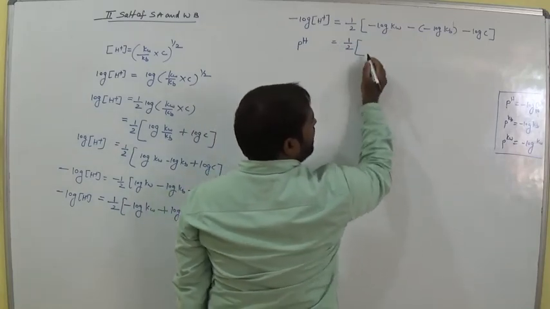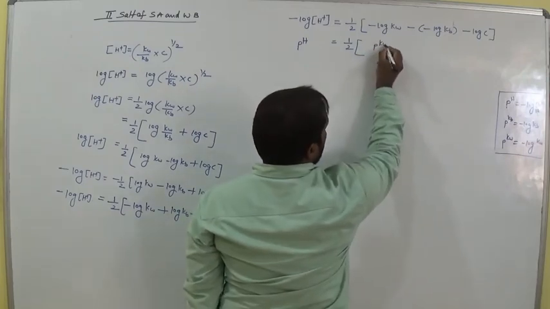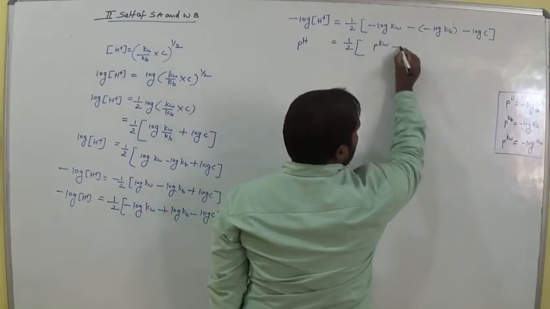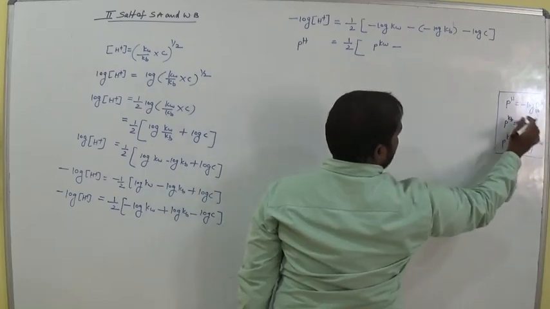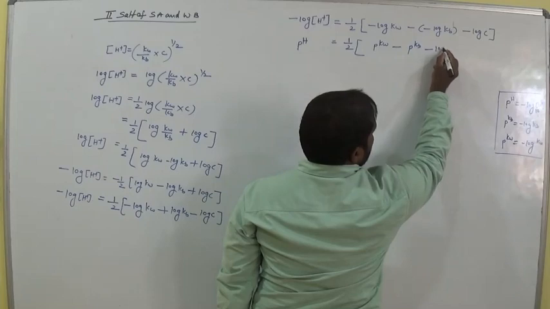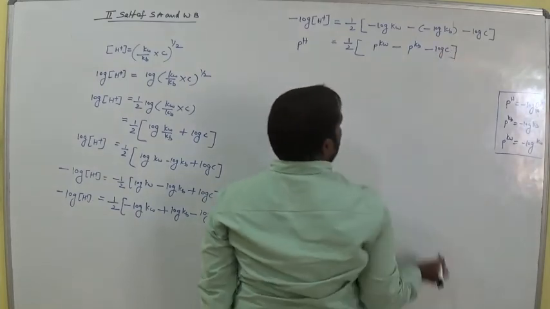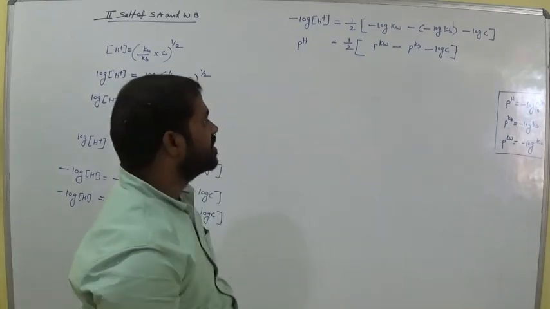Minus log Kw is written as pKw. Minus log Kb is pKb. Minus log C, it is the concentration term, log C. It's clear?